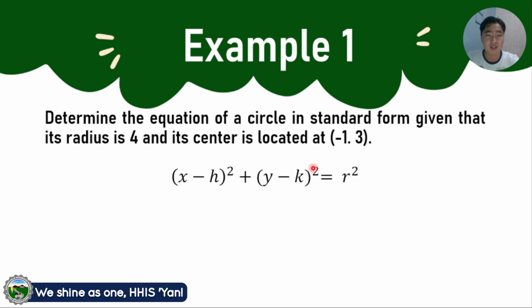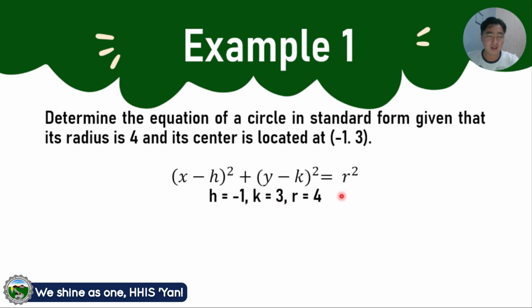So, ayan po siya based from what we have discussed from the previous slide. And then, binigay na agad sa atin ang center. So, ang h natin yung first point, that is -1. And then, k is the second point, which is 3. And then, the radius is given as 4. So, h is -1, k is 3, and r is 4.